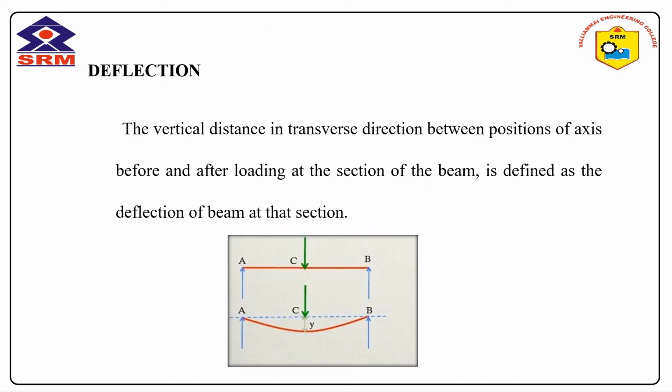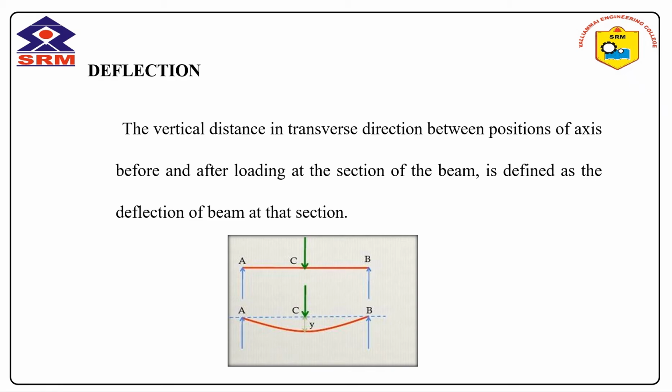So what is deflection? The vertical distance in a transverse direction between the position of the axis before and after loading at that section of the beam is defined as the deflection of that section.